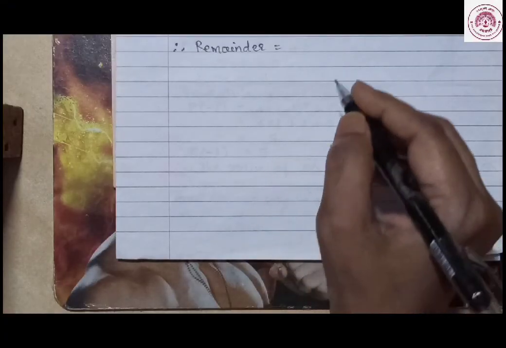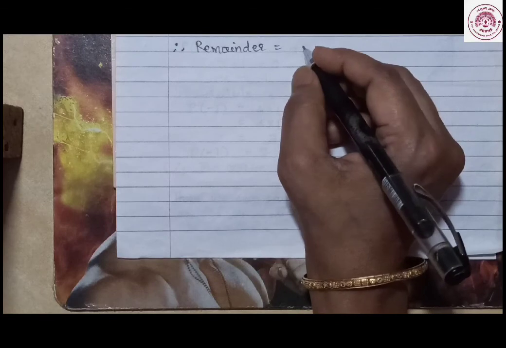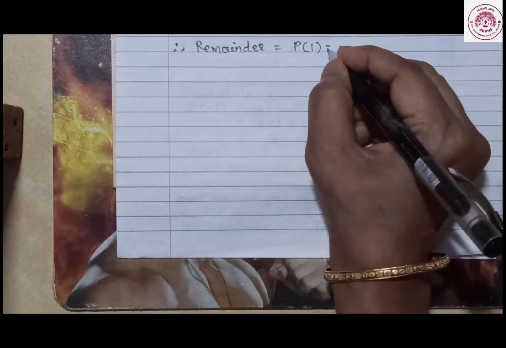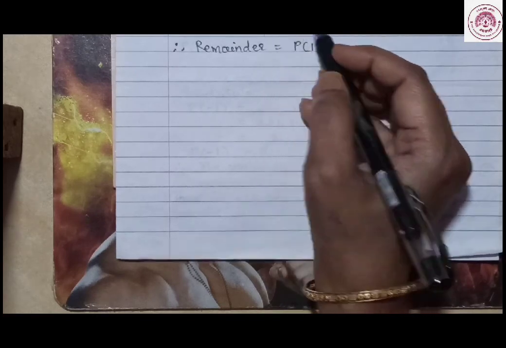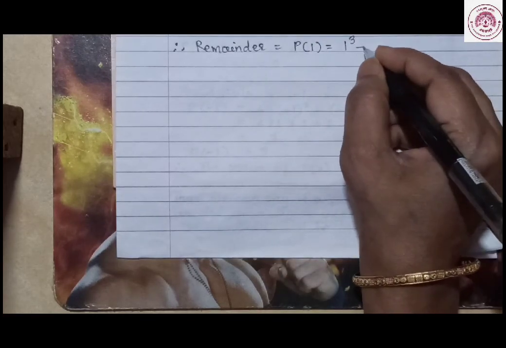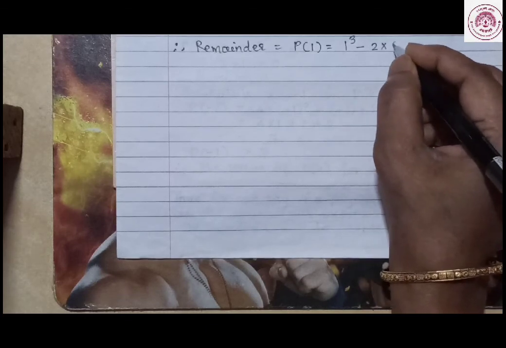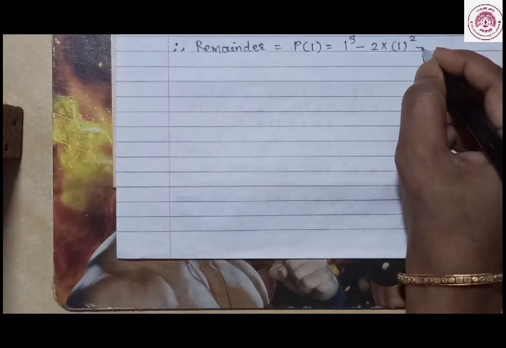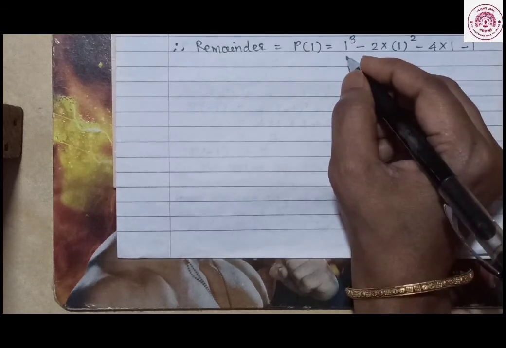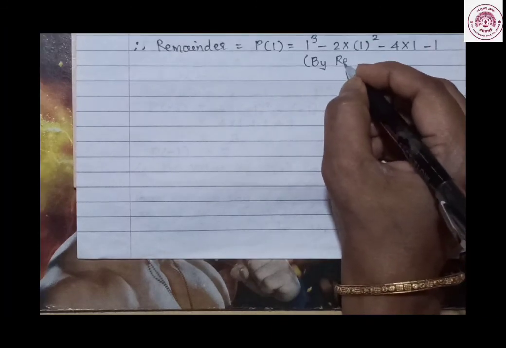Therefore, remainder is equal to P of 1. So we have to replace x by 1. So 1 cubed minus 2 multiplied by 1 squared minus 4 multiplied by 1 minus 1, by remainder theorem.